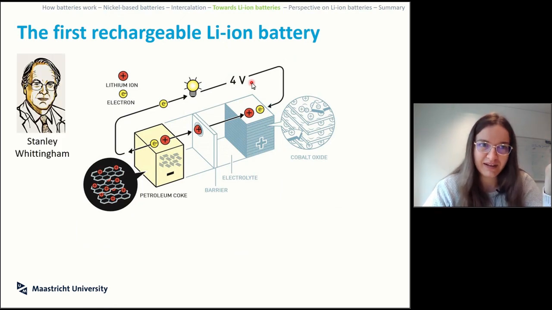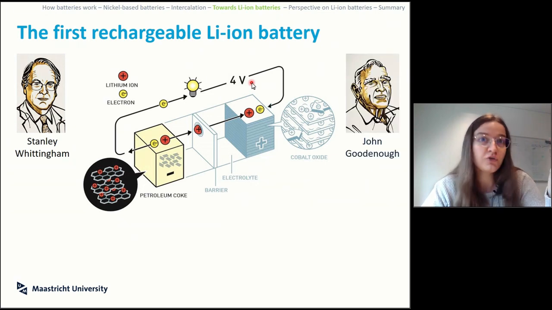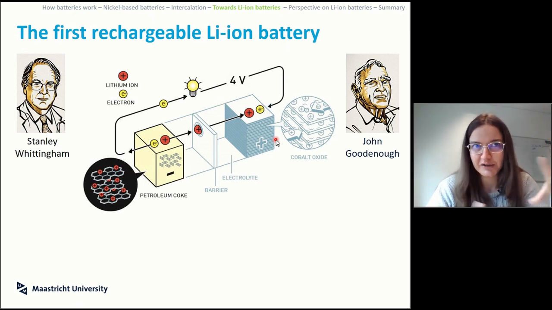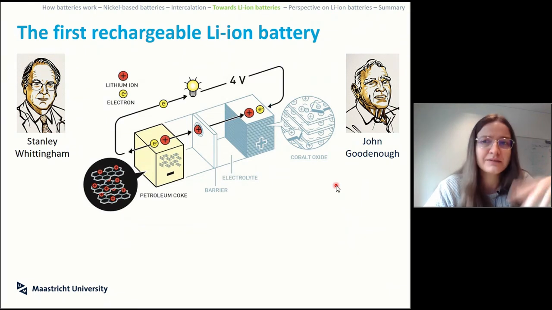Acknowledged by the fact that Stanley Whittingham, who was the first guy who did the titanium sulfide battery, so he was the first guy that thought about using lithium ion. John Goodenough, who's the guru of any material that ever walked the earth in terms of transition metal oxides, his group was the one working on transition metal oxide cathode materials and a series of other energy materials.